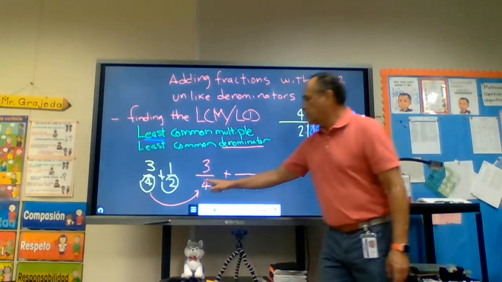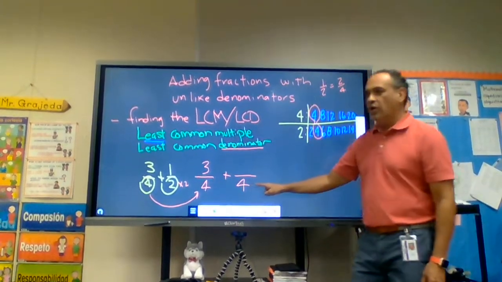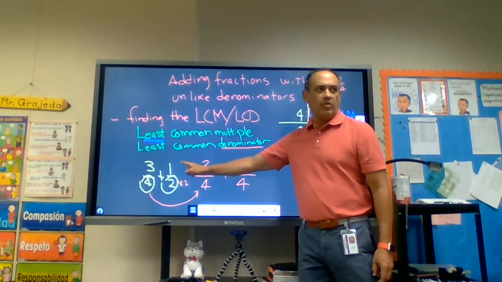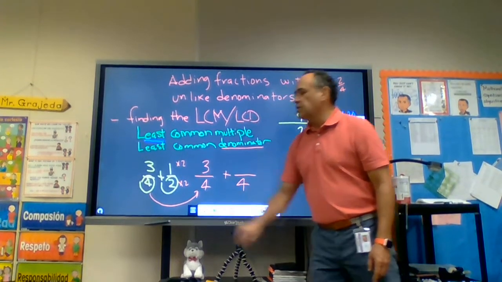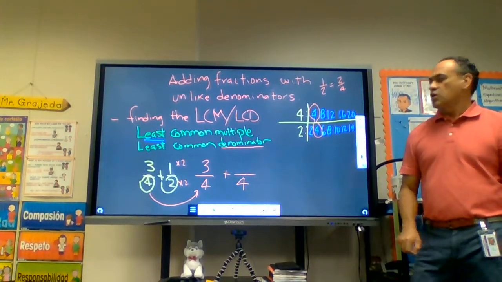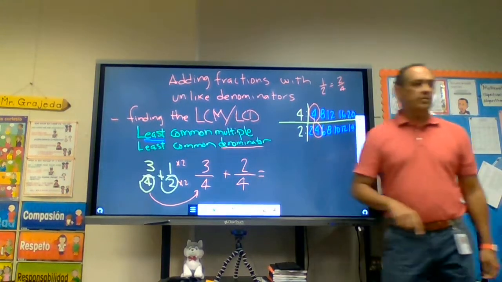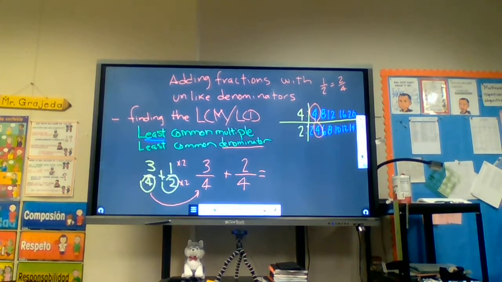Well, that's times 2. So 2 times 2 is 4. And what I do at the bottom, I do at the top. What I do at the top, I do at the bottom. So 1 times 2 is 2. Now you see, we have two fractions with the same denominator.